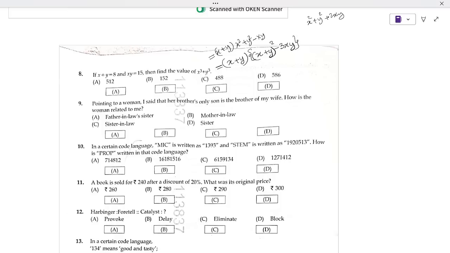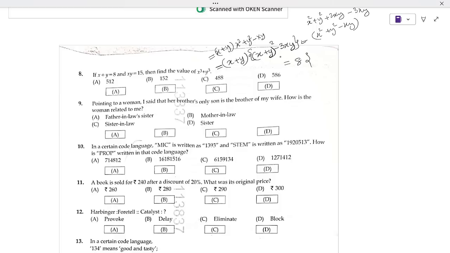If we subtract 3xy, are we getting x square plus y square minus xy? So we need to modify it a little. Because x plus y is given and xy is given, just put the value: x plus y is 8.